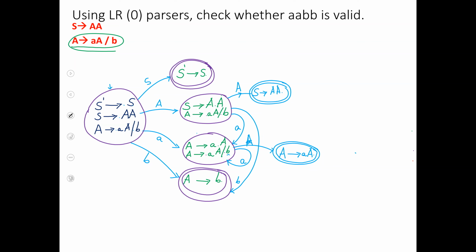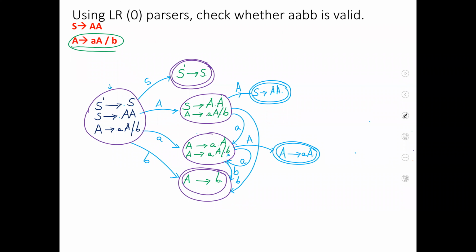The second one, this. When the dot has to travel to B, I will be having this particular state. Okay, so these are the various transitions.